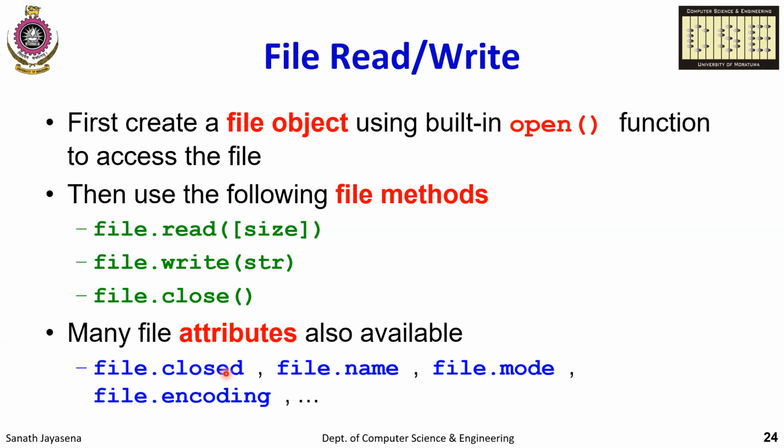For example, file.closed indicates whether the file is closed or not, and file.name indicates the name of the file. There is also something called the mode of a file, the mode in which it was opened, and so on. Those attributes can also be accessed.